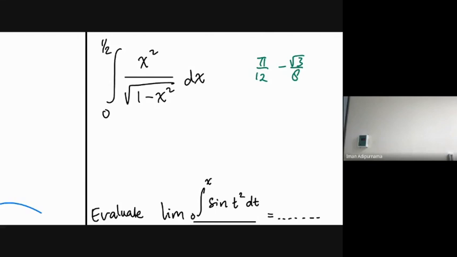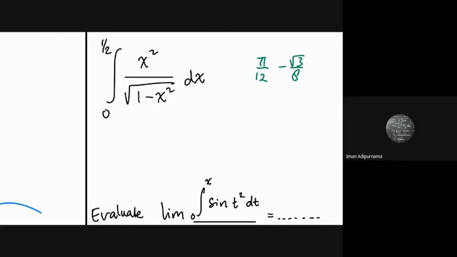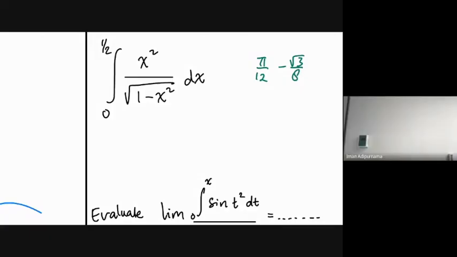So we can write sine squared theta is equal to half times 1 minus cos 2 theta, with limits 0 to 5/6.